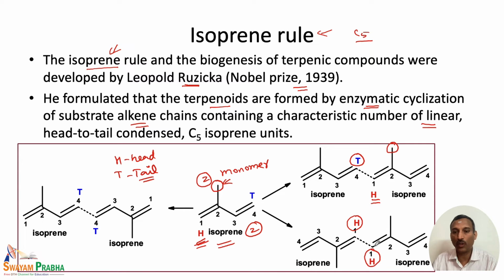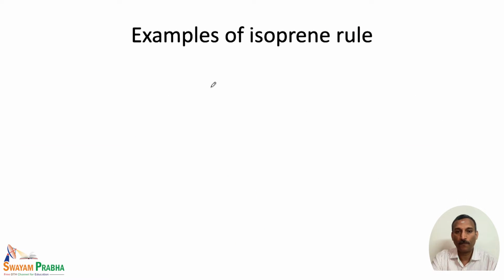So this is one way of connecting. And there is also a third way where both tails can be connected. These are the three different ways by which the isoprene unit can be combined, and this leads to various types of terpene and terpenoid compounds. That is why this rule, called the isoprene rule, is the most important rule in the study of terpenes.